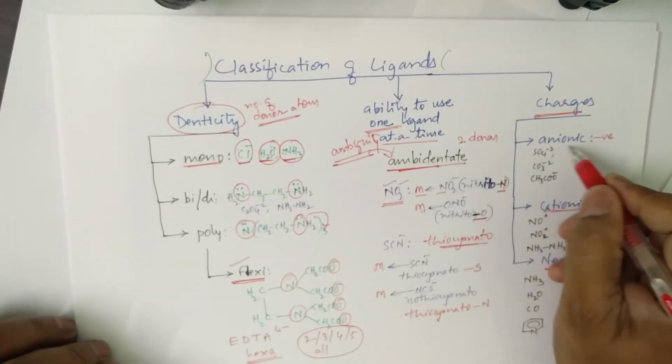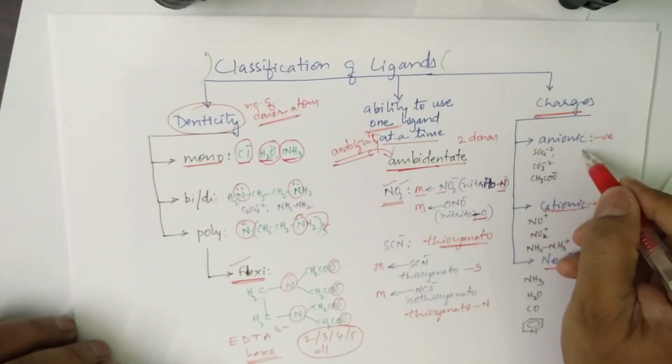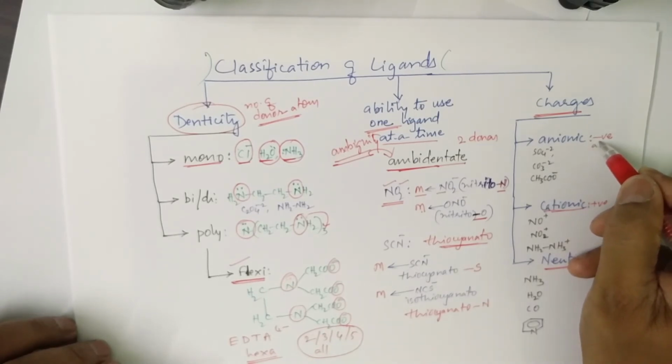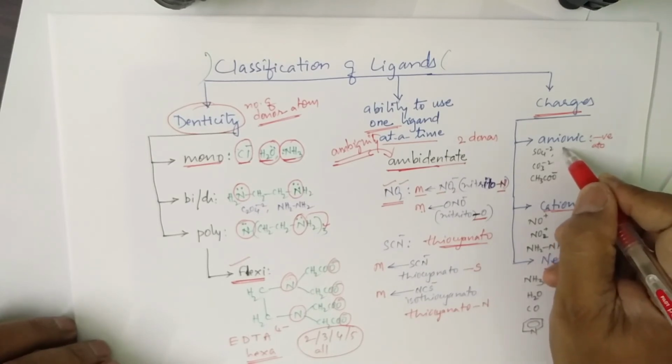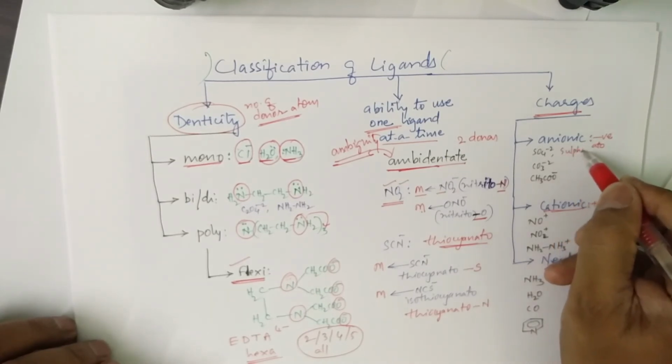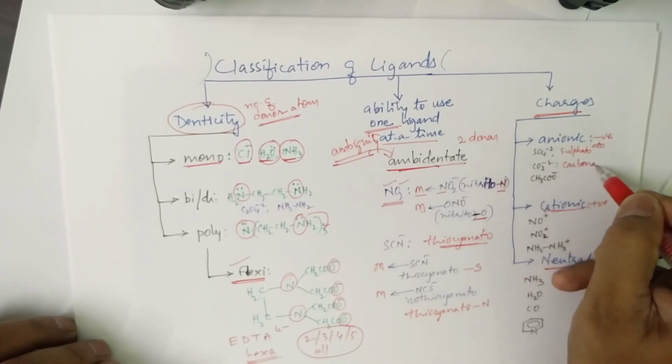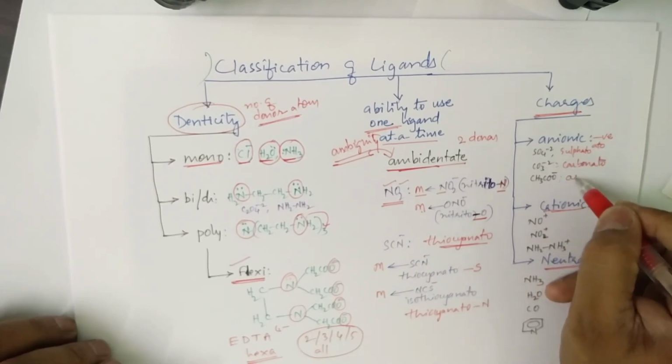The names of negatively charged ligands end with ato. For example, this is called sulfato. This is called carbonato. This is called acetato.